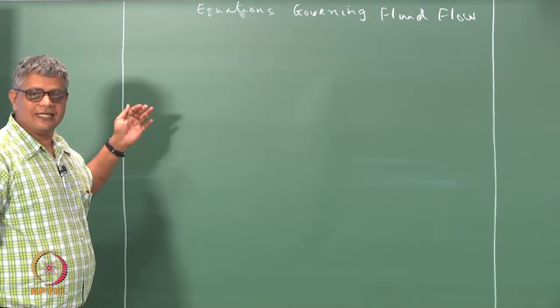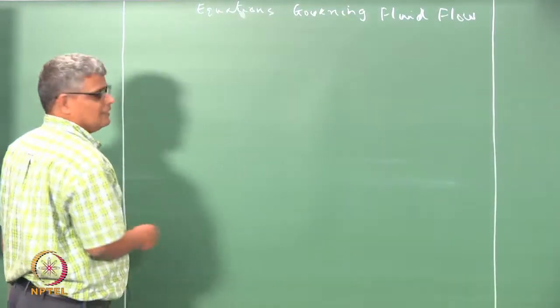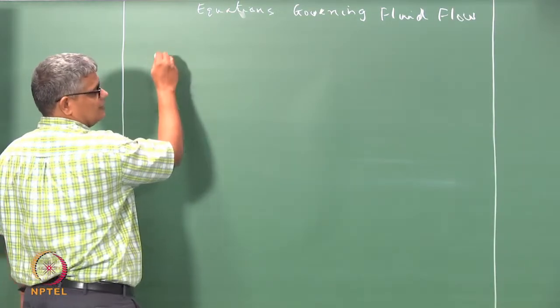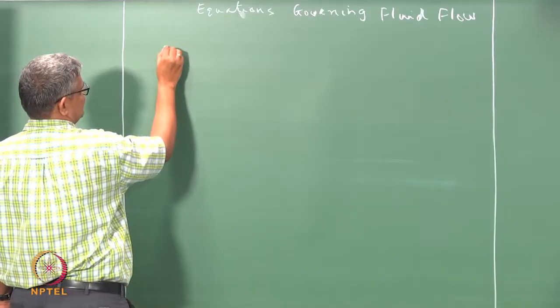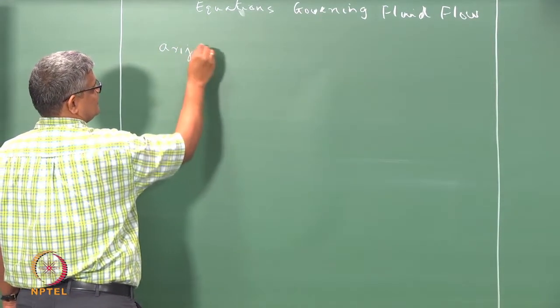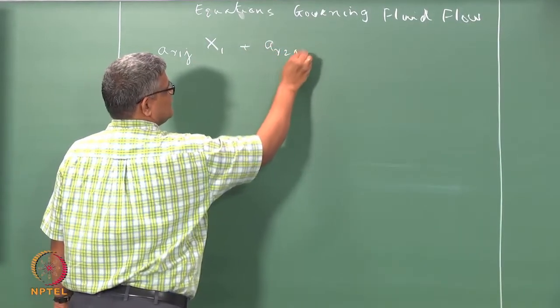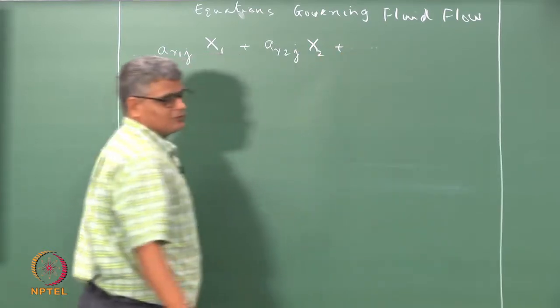We are considering the case of a reacting fluid in which you have a homogeneous reaction which is given in a stoichiometric way like this. We have A R1 J X1 plus A R2 J X2 plus so on.